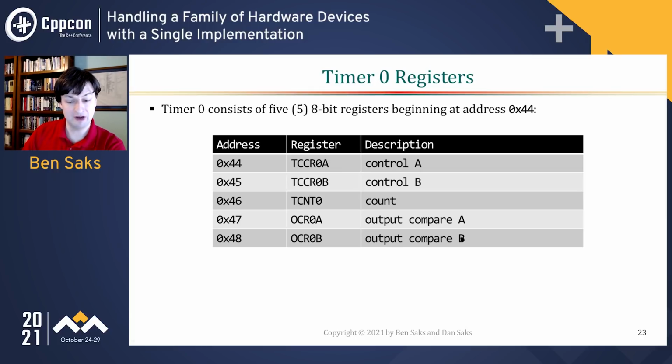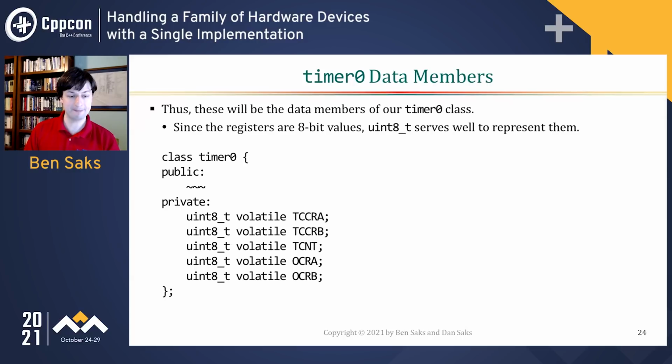And then a couple of output compare registers, as they're called, which are other counter values that can be used to trigger events, to specify when certain events should occur on the timer. And in this case, we're going to be using one of those, output compare A, that will be designating our maximum value in this case.